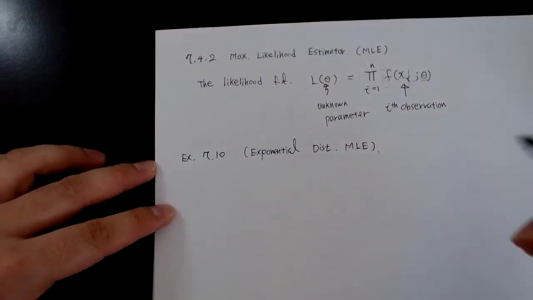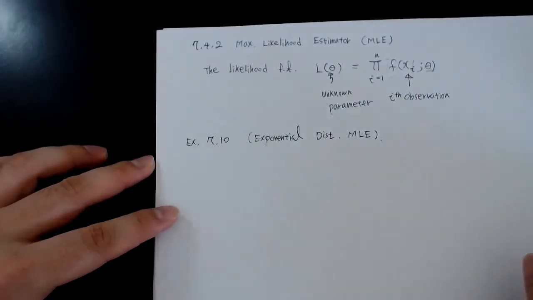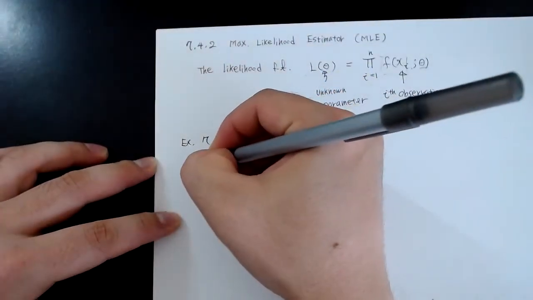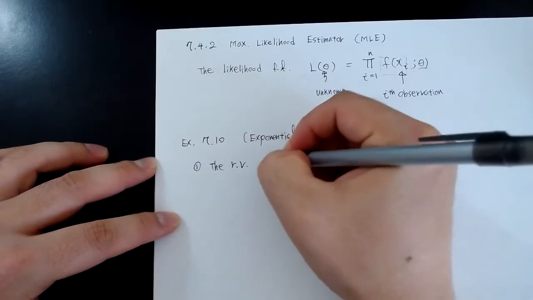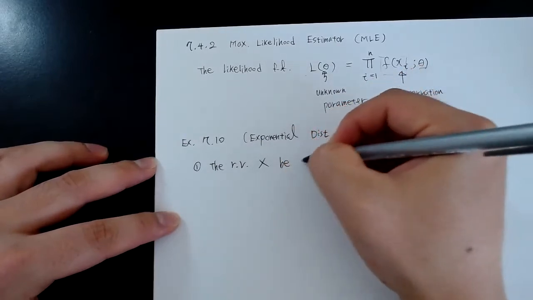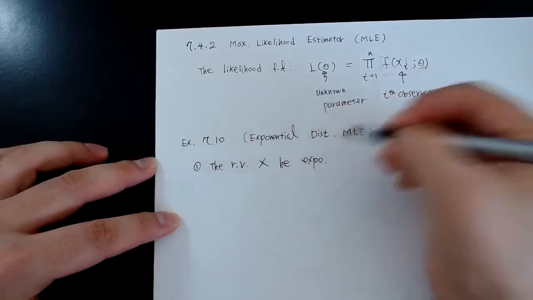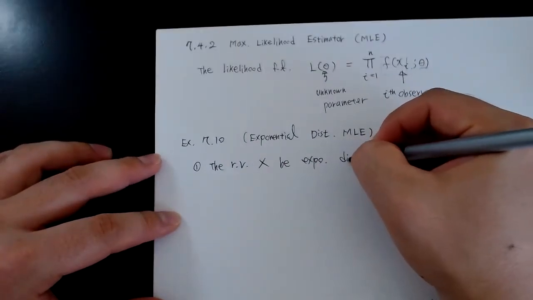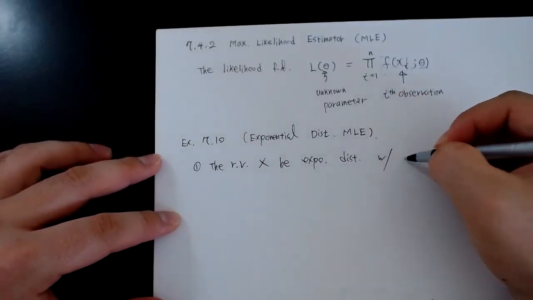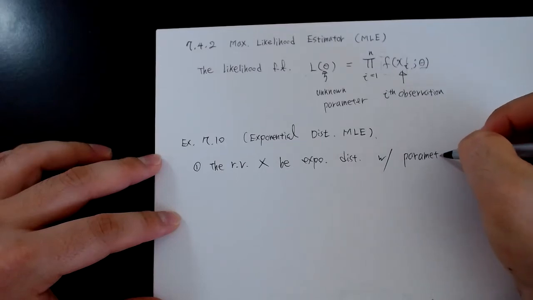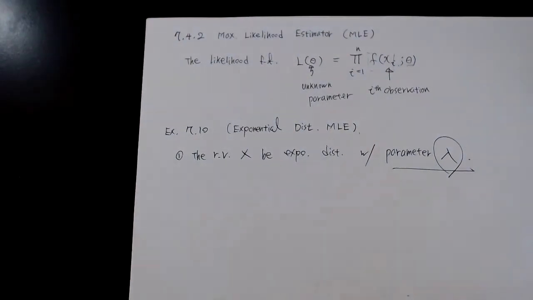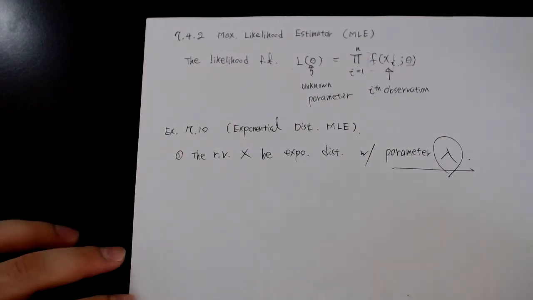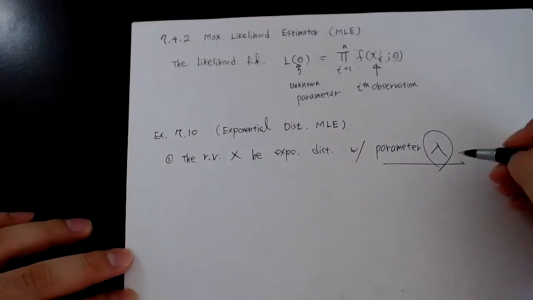Let X be exponentially distributed with parameter lambda. Now we're going to find the point estimator of lambda using the MLE.